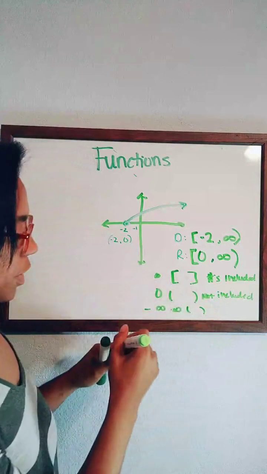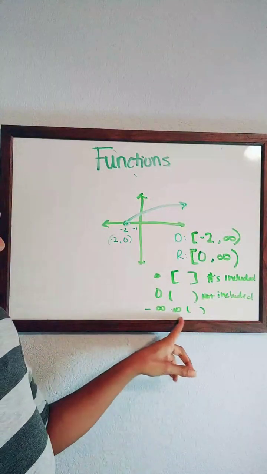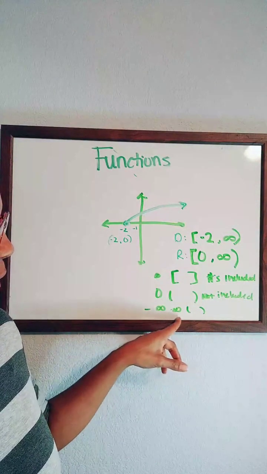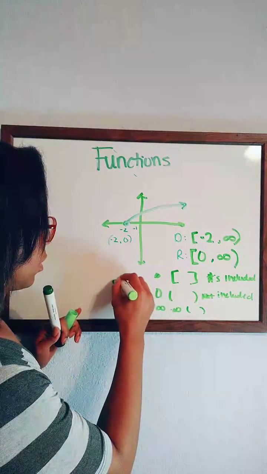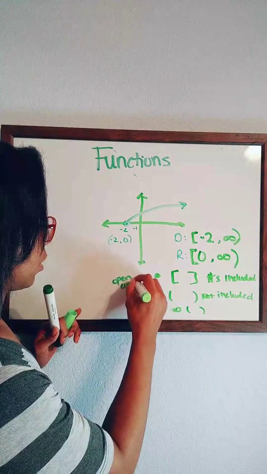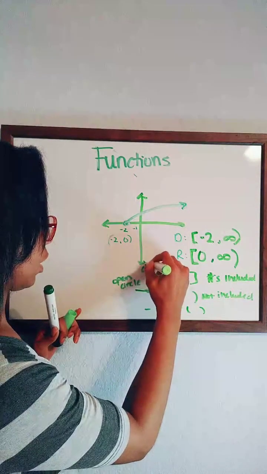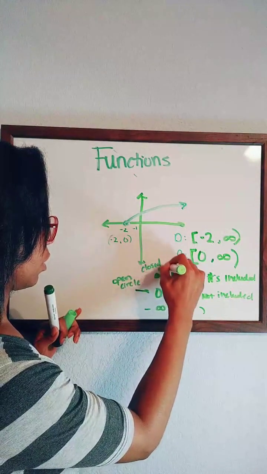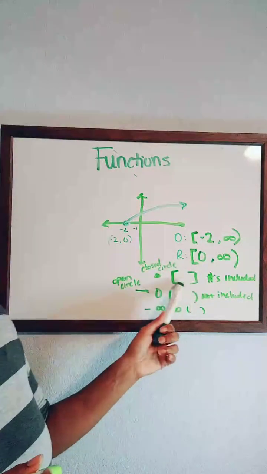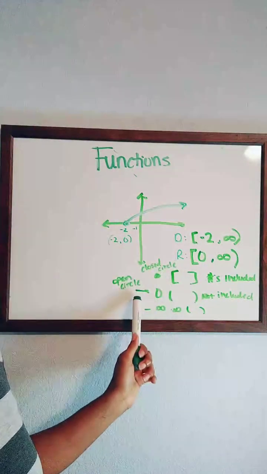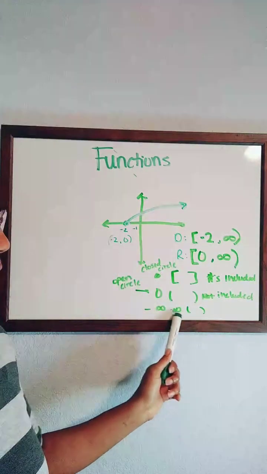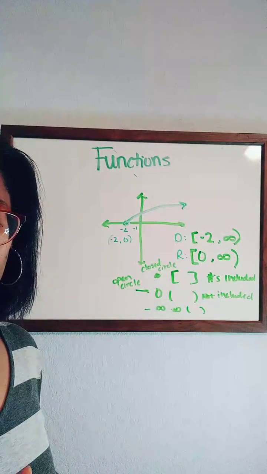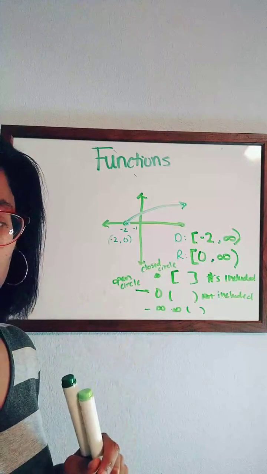You never put brackets around infinity symbols; those are always parentheses. So you put brackets around closed circle points, parentheses around open circle points, and you always put parentheses around positive and negative infinity.